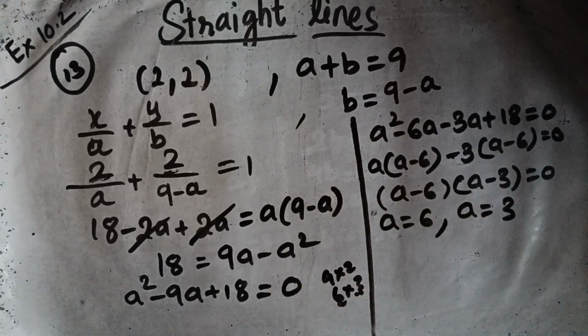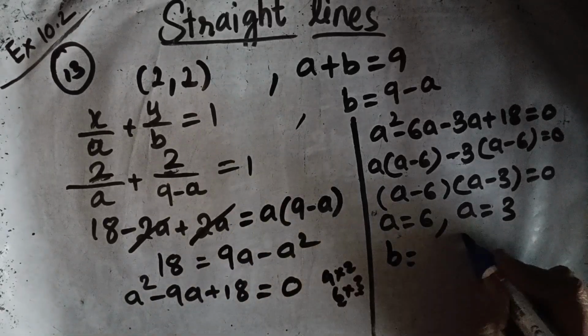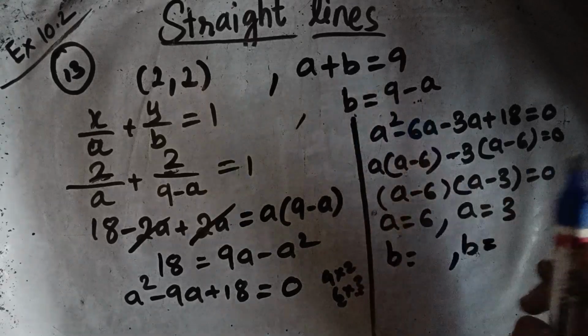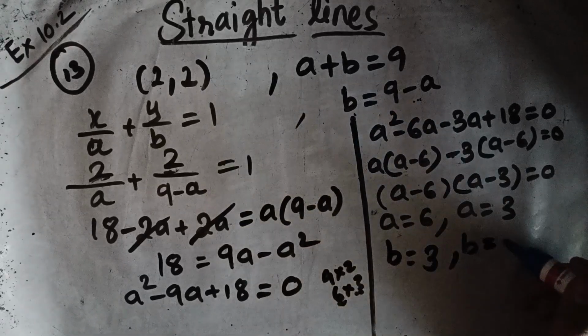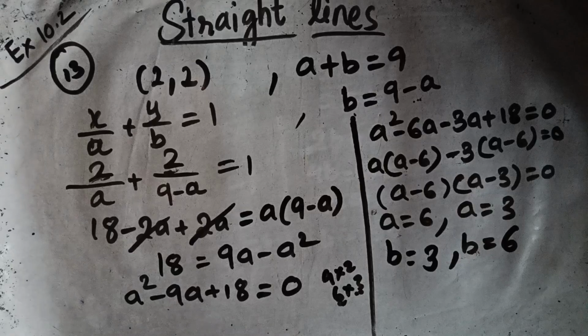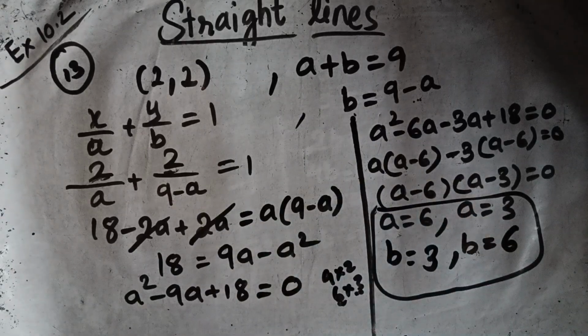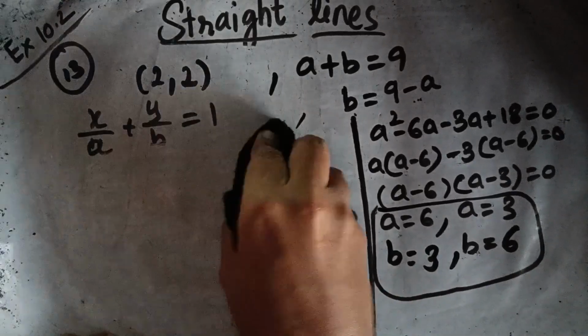Okay, so for the values of a, we'll get the values of b. That is, you have to put here a. So 9 minus 6 and 9 minus 3. Okay, so these are the two values of intercept. So for that, you'll get the equations. So two equations.